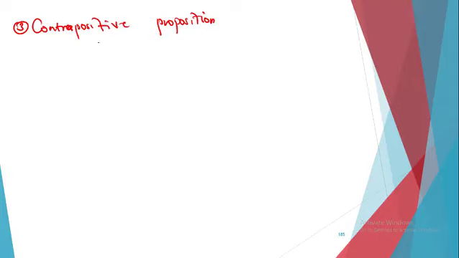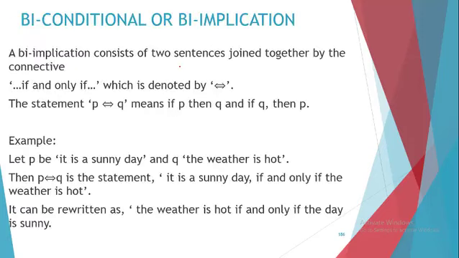The contrapositive proposition of P implying Q is equal to negation of Q implies negation of P. So these are the types of conditional statements. Let's then quickly look at the last connective, which is the biconditional or bi-implication.